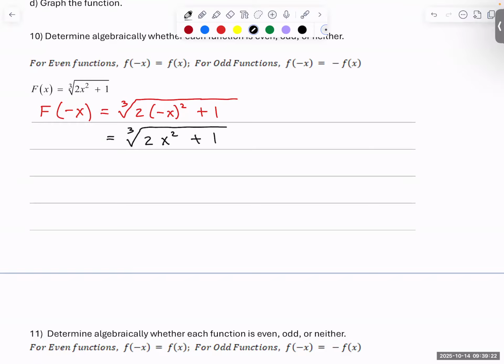Well, this radical cube root of 2x squared plus 1, that's the same as the original function. This is capital F of x. It's the same as f of negative x. So the graph is going to have y-axis symmetry, and we can declare or state that this is an even function. So in conclusion, this function is an even function.